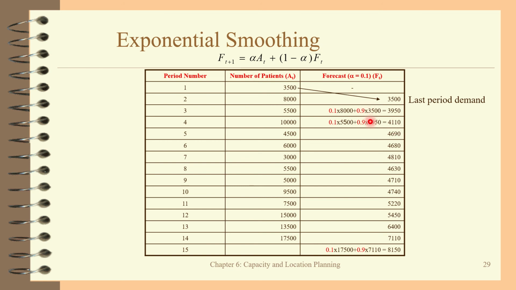And then continue this process until the end. F15 is equal to 0.1 multiplied by 17,500 plus 0.9 multiplied by 7,110. So you got this number. Okay, this is what we call the exponential smoothing forecasting approach.